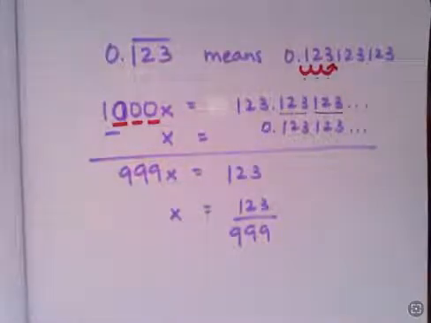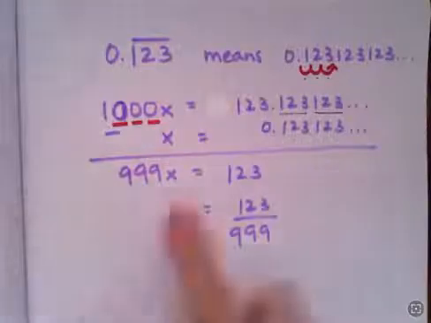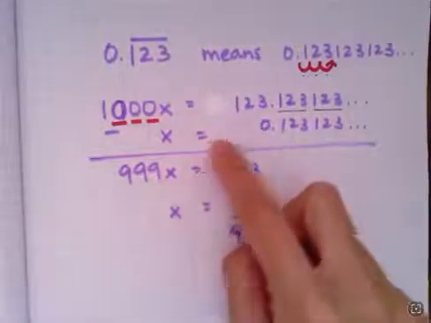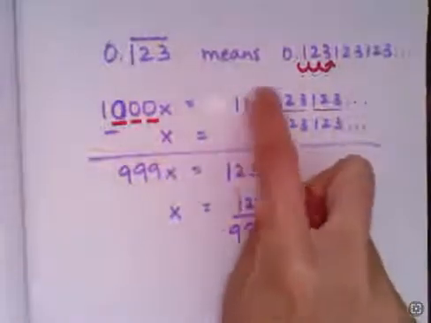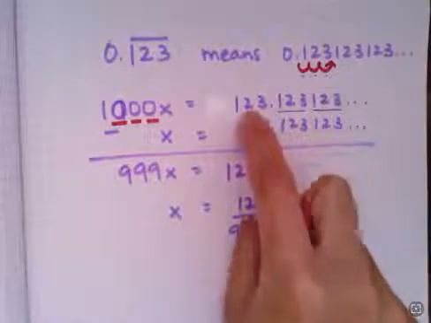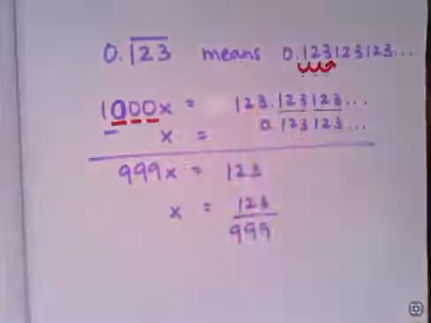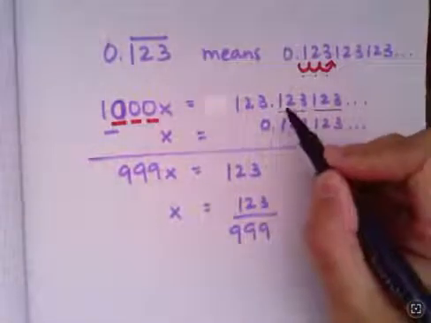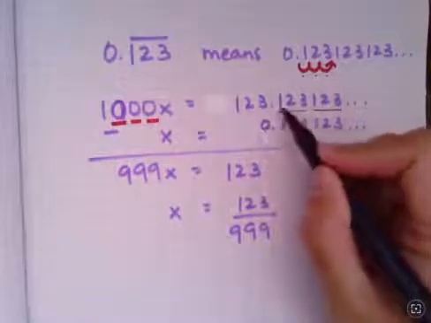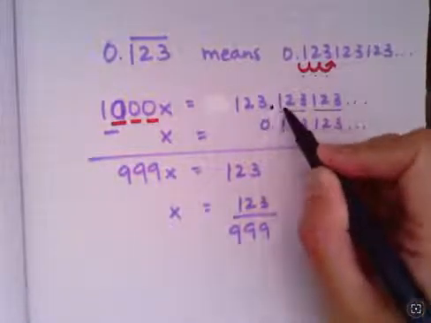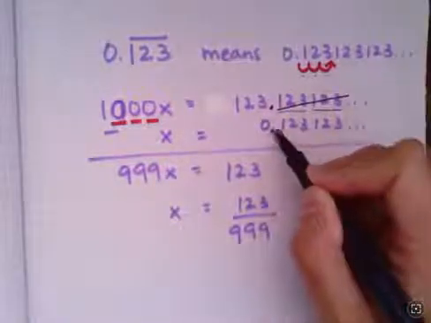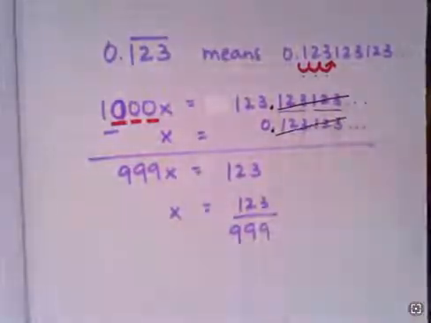Okay? And then you're subtracting just a regular x equals 0.123.123 repeating. The whole purpose of that is to separate one of the sets of the repeating patterns from the rest of them. Because now when I subtract, I have 123.123 behind this decimal point, which is exactly the same as this one, 123.123 behind that decimal point.